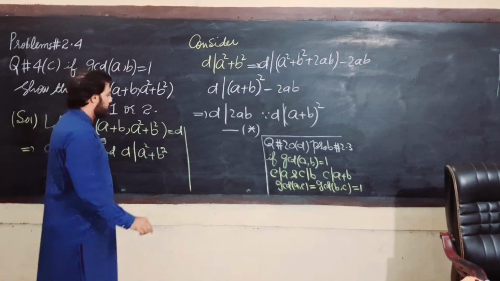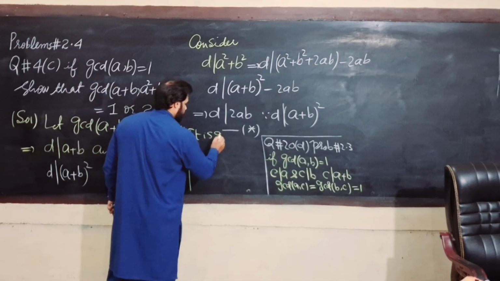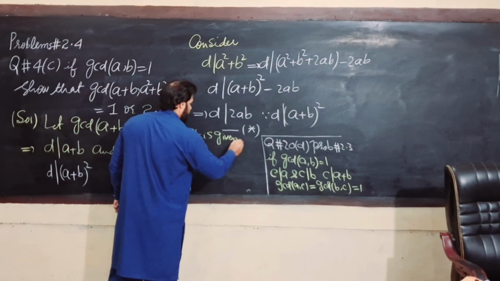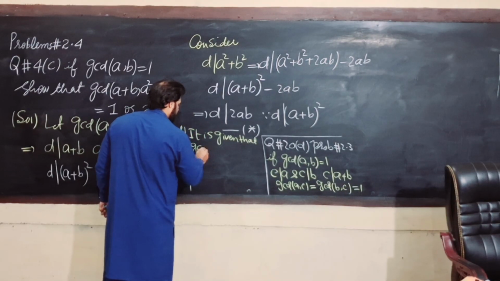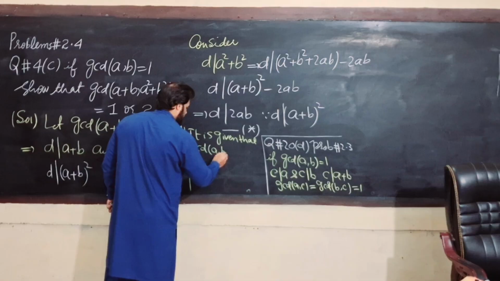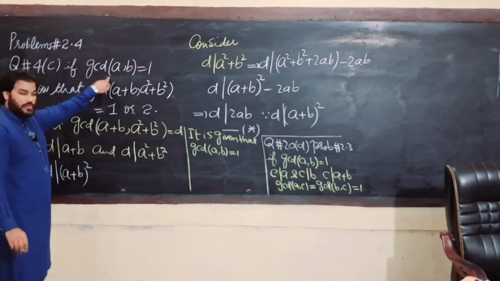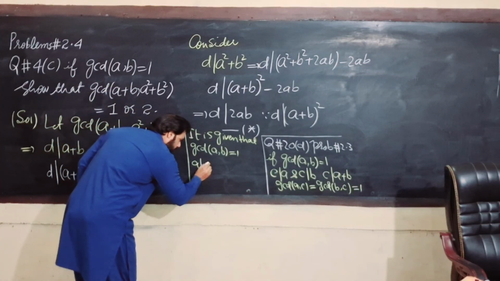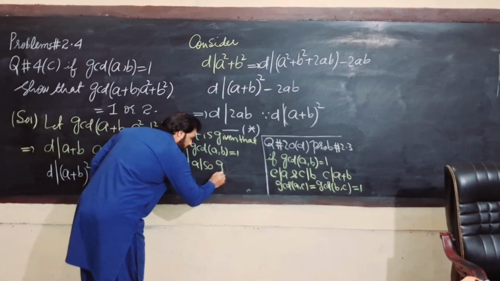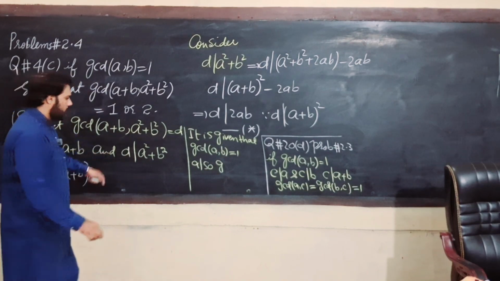It is given in the question that GCD of A and B is equal to 1.